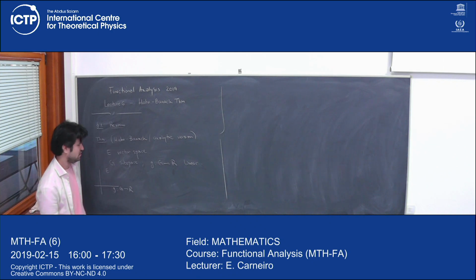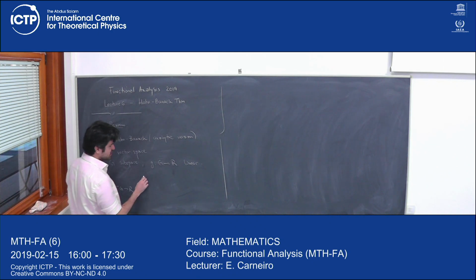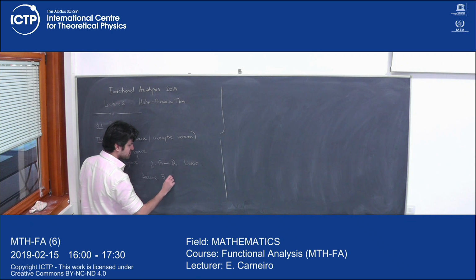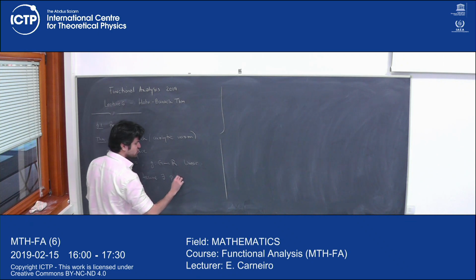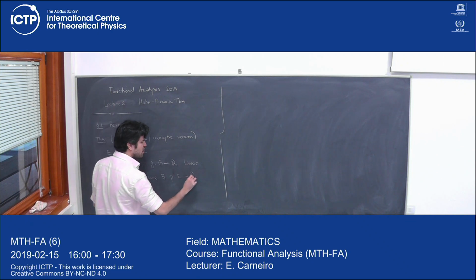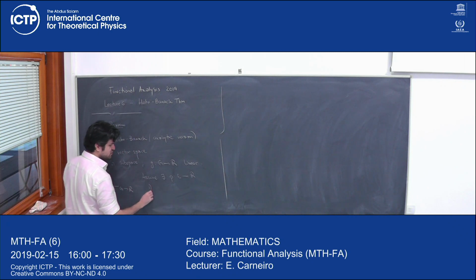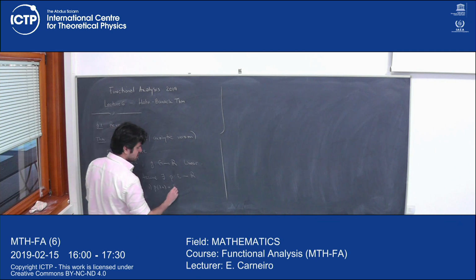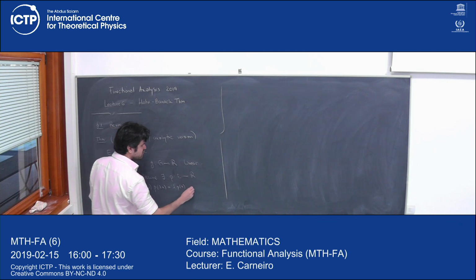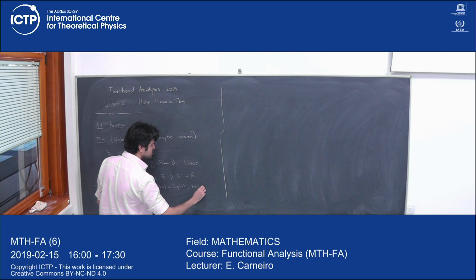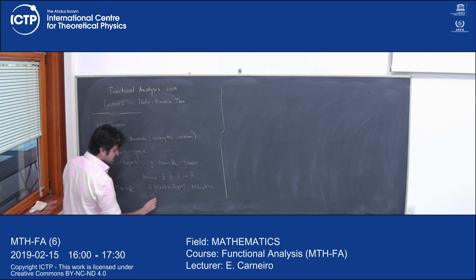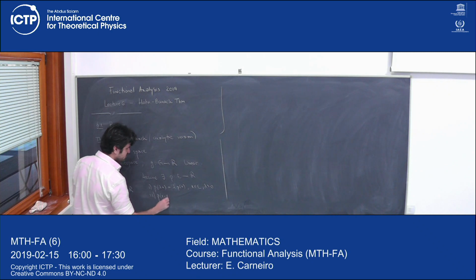And the way that we wanted to do this is provided this: assume that there exists this function P that goes from the whole space E to R, such that it verifies these two properties. So P of lambda x equals lambda P of x, for any x in the space and lambda bigger than 0, and assume also that this P is sublinear.